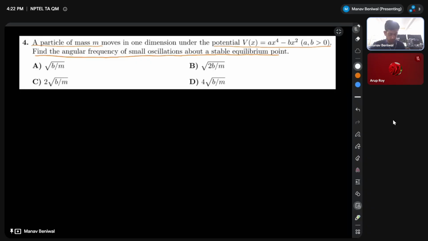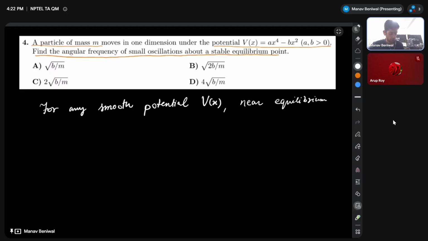Now, for any smooth potential V of x, I should write smooth potential because we want to differentiate it, and let's say it has an equilibrium point at x equals some x naught. This is the equilibrium point.